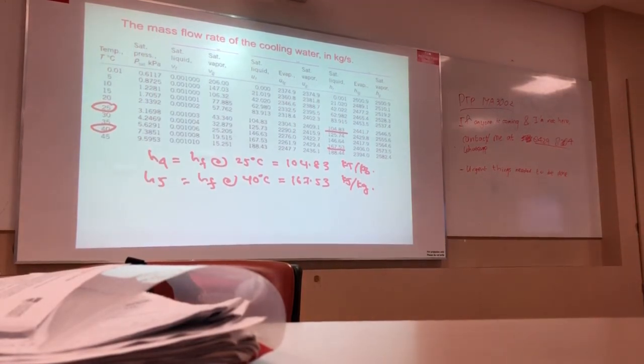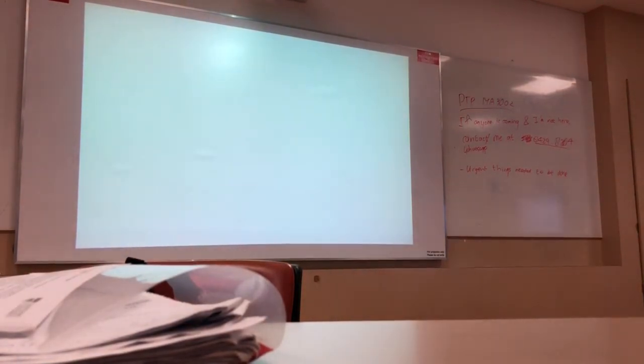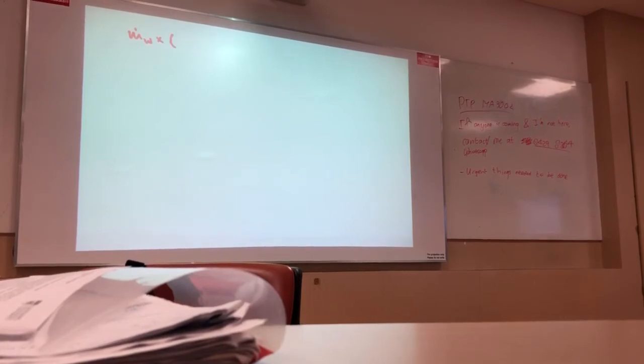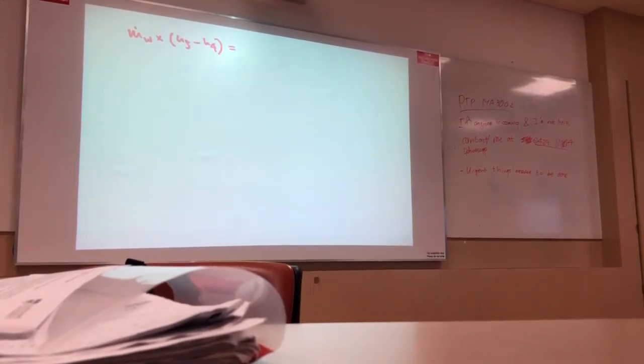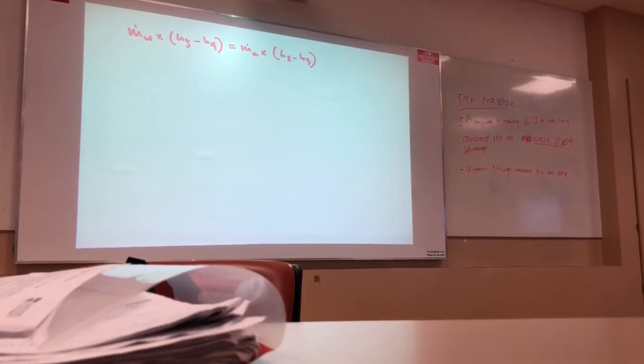So now we can write, right? You remember this one, right? M dot water times H5 minus H4, you remember? m dot air times H2 minus H3. Correct? Yes. And turbine power you can get, I show you the turbine also. I show you the first, because I have the data.